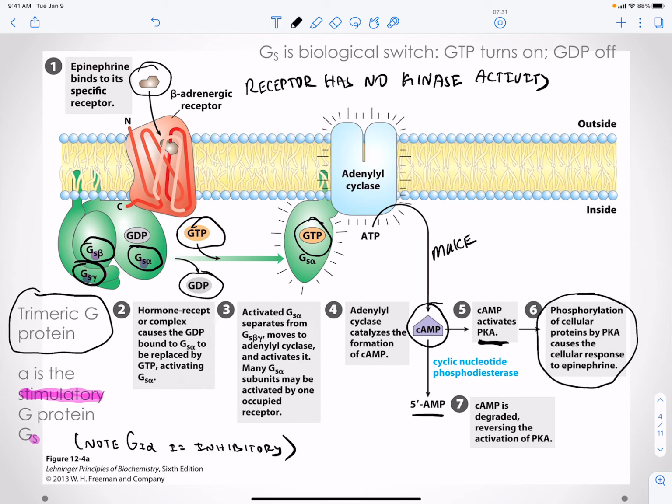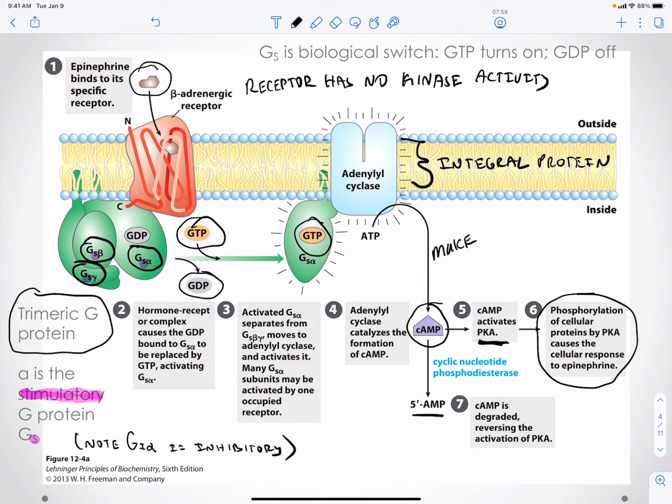Now your adenylate cyclase is an integral protein, so this is spanning the membrane. This sort of integral protein has the active site on the cytoplasmic side.